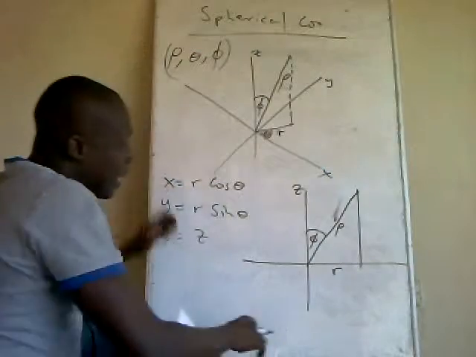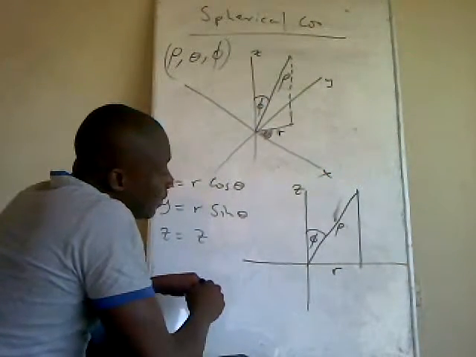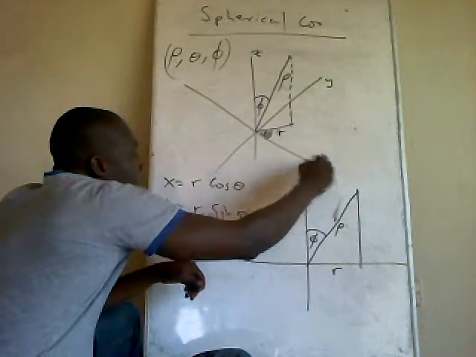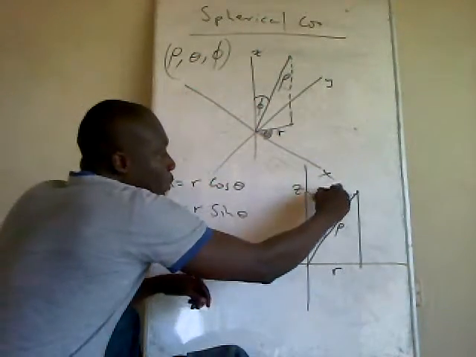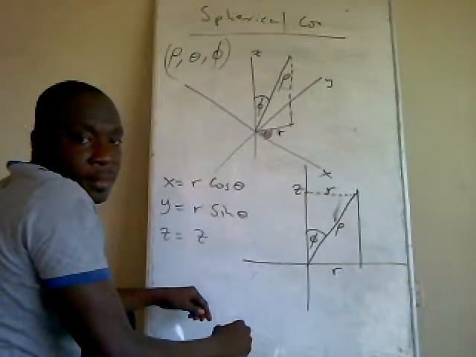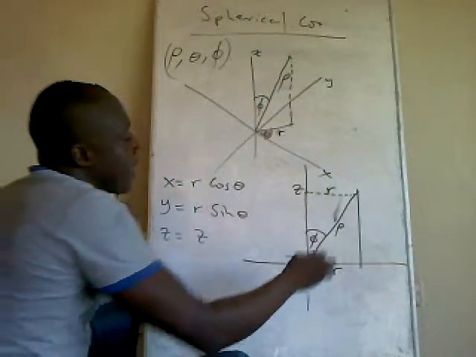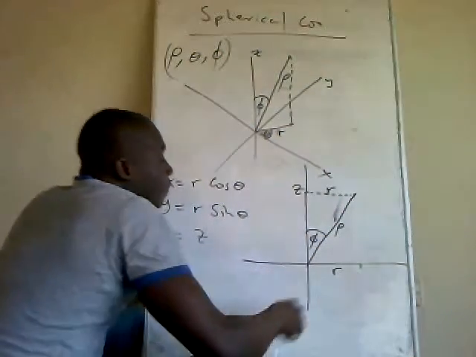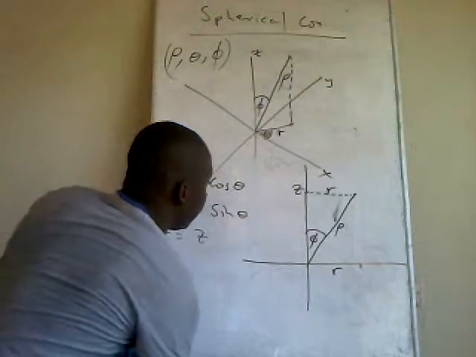I hope you can appreciate that. Good. Let me project this one here a little. So here is still r, for the symmetry, this is still r. And I can erase this like that.